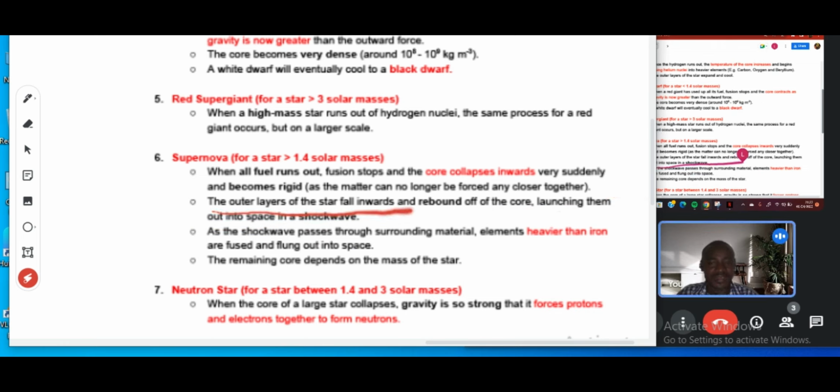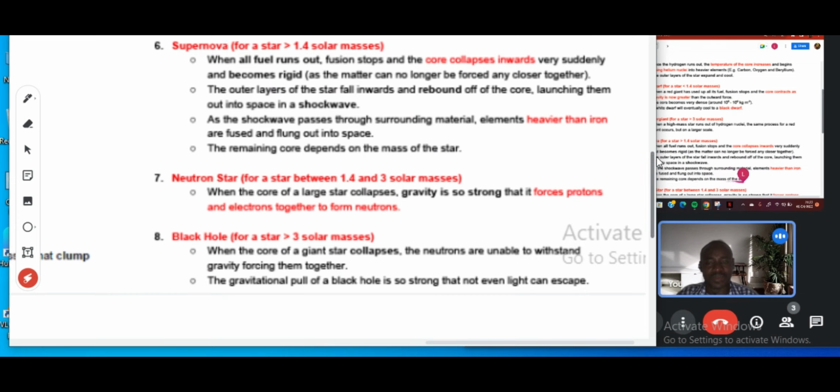So the outer layer of the star falls inwards and rebounds off the core, launching them into outer space in a shock wave. As the shock wave passes through surrounding material, elements heavier than iron are fused and flung into space. The remaining core depends on the mass of the star. That's how a supernova forms.